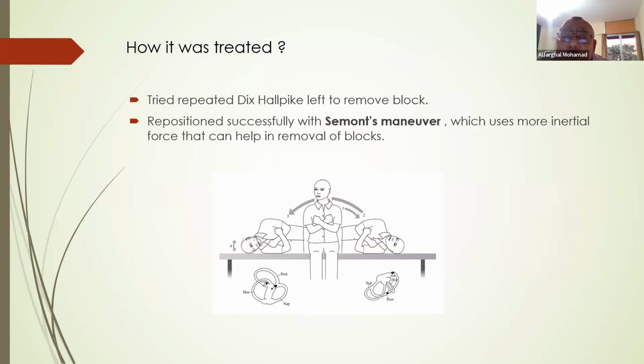So for the posterior canal, which is the most commonly affected, we use the Epley maneuver, we use the Semont maneuver, but the Semont maneuver also has some tricks. It's not as in YouTube videos.